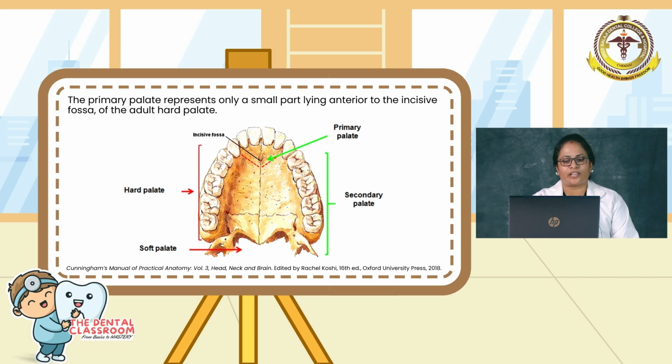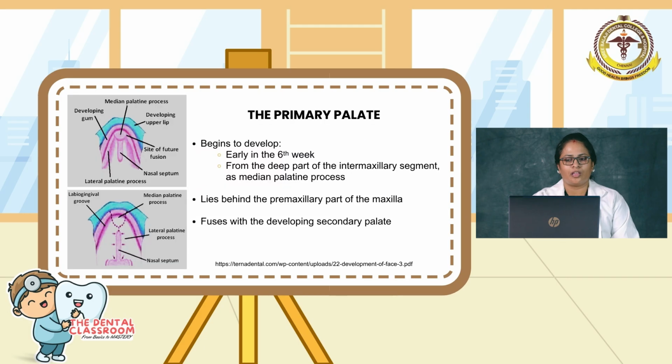Behind it stretches the secondary palate, which forms the majority of the hard palate, and then it continues as the soft palate. Even though the primary palate looks tiny in the adult, it plays a crucial role in development. It is the very first part that forms and sets the stage for the rest of the palate to develop and fuse properly.